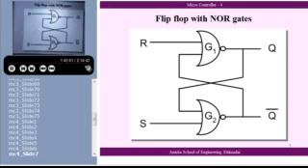If I take S as 1 and R as 0, you can see Q bar is 0 and Q is 1. Is it alright? S as 1 and R as 0, Q bar is 0 and Q is 1.